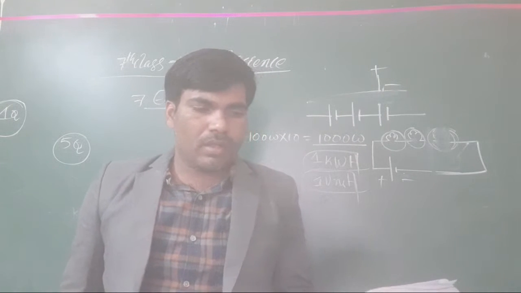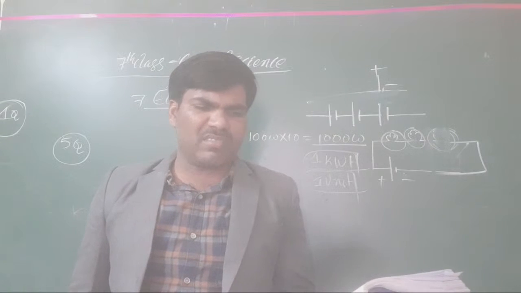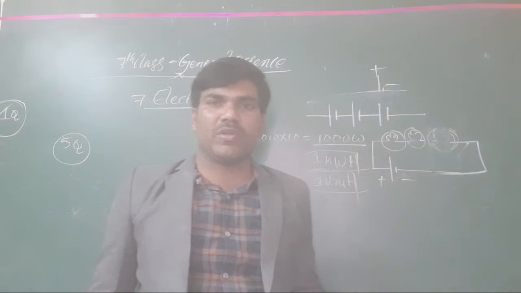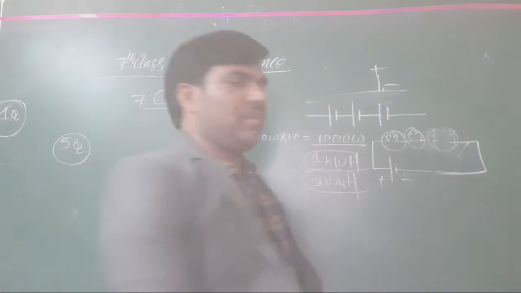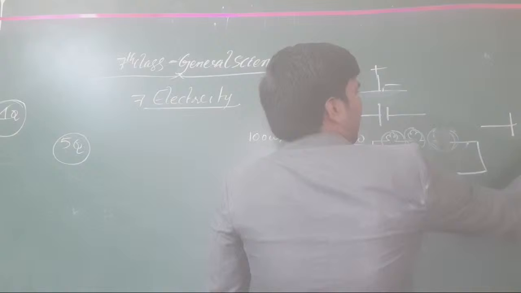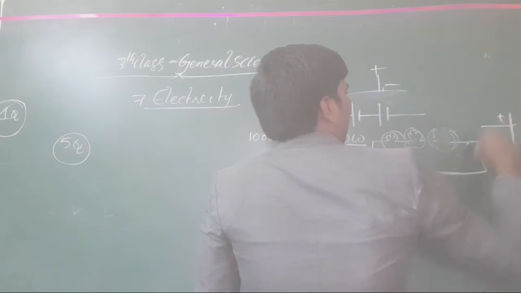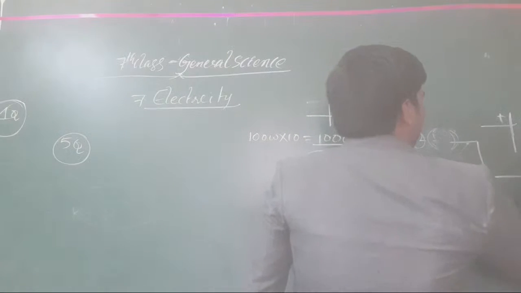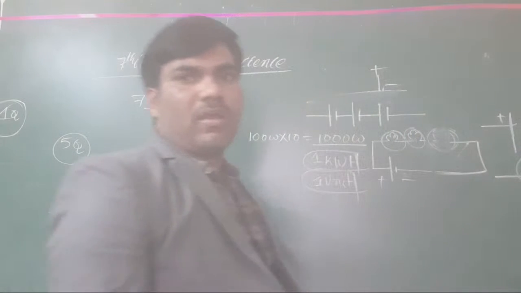Now, the 10th one: draw symbols for electric components. Already we drew them. Before that only, here the cell is like this. Next, the bulb, you know very well the bulb is like this. Okay, clear or not, all the students?